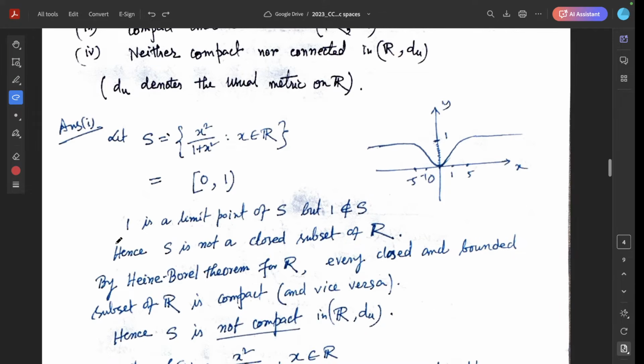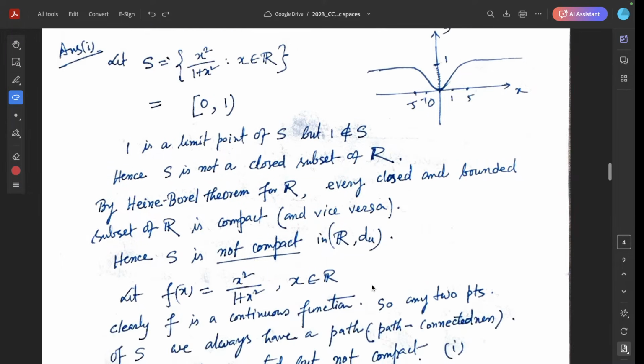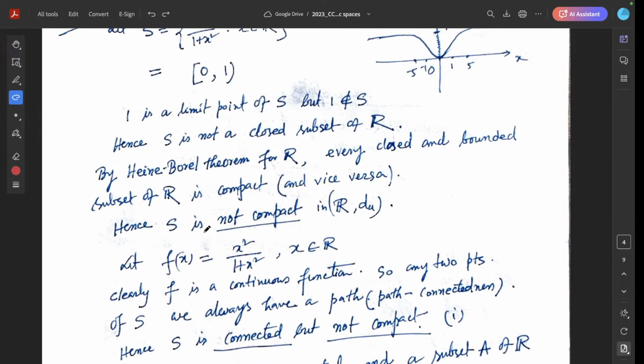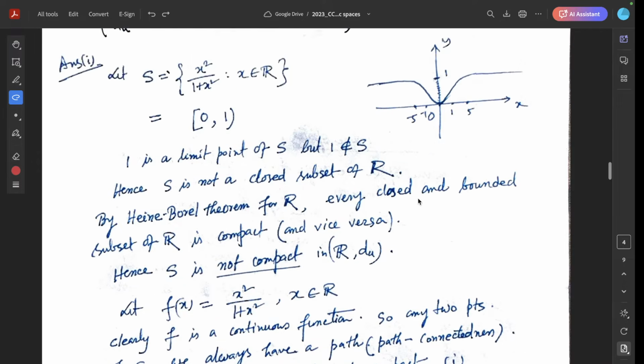So 1 is a limit point of the set, but 1 does not belong to S. Hence, S is not a closed subset of R. By the Heine-Borel theorem for R, every closed and bounded subset of R is compact and vice versa. Hence, S is not compact in the metric space R with the usual metric.